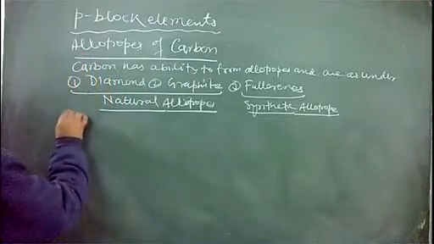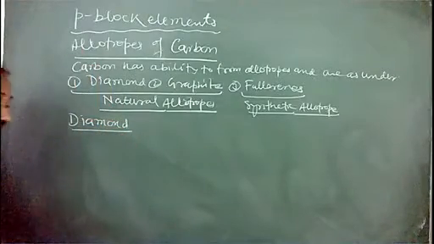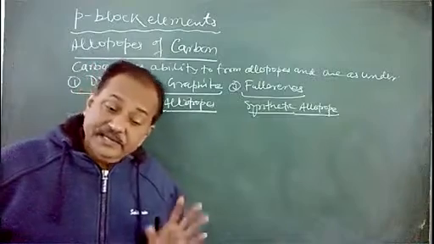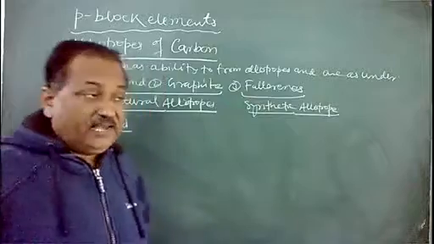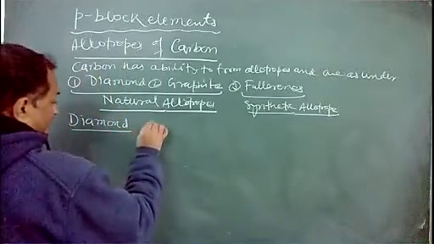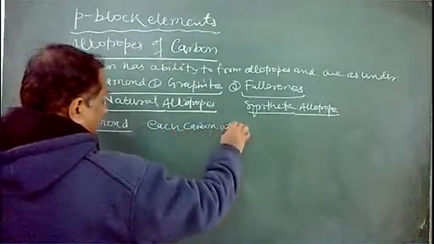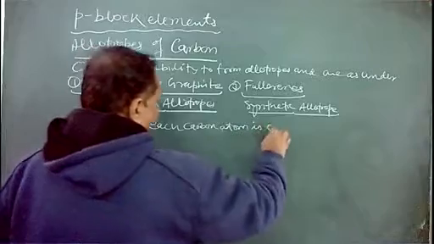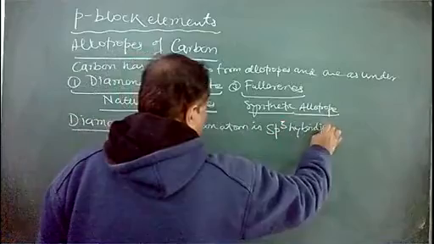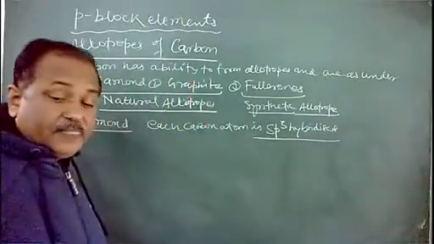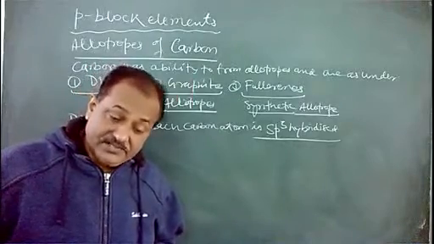So, first I am going to explain about diamond. So children, in diamond, each carbon is sp3 hybridized. This is a very important point. Each carbon atom is sp3 hybridized, which means every carbon undergoes sp3 hybridization.